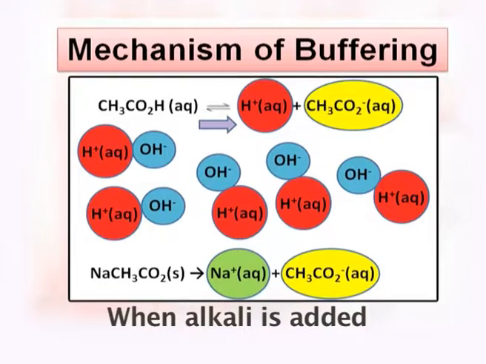So, although OH minus ions were added to the solution, they get neutralized and the pH doesn't rise, because from the undissociated acetic acid, protons are produced to neutralize these OH minus ions. The solution becomes a little bit rich in acetate ion, but the pH does not change significantly.